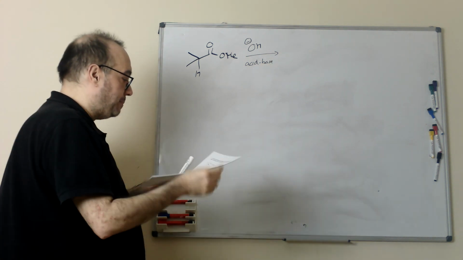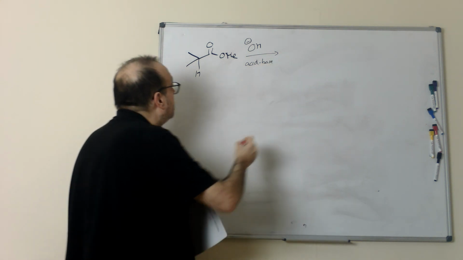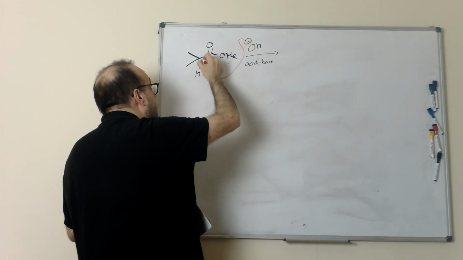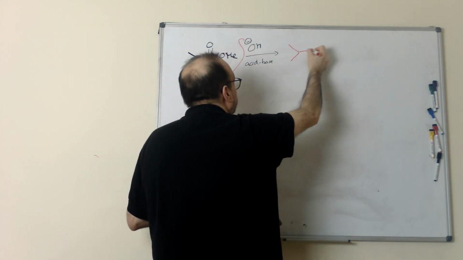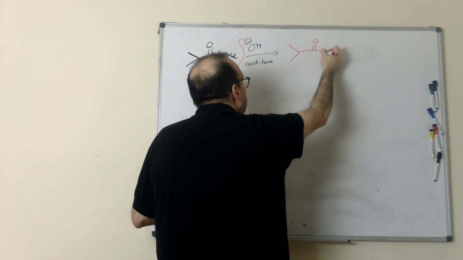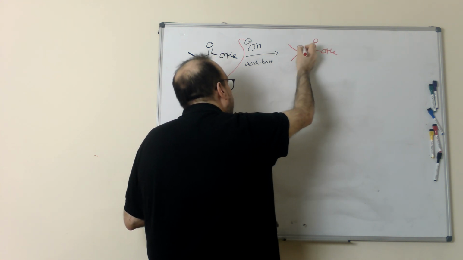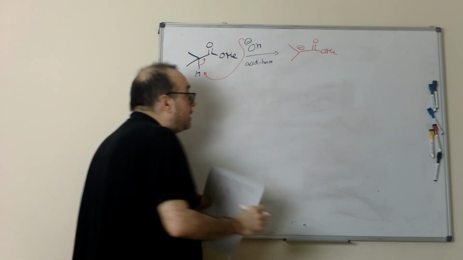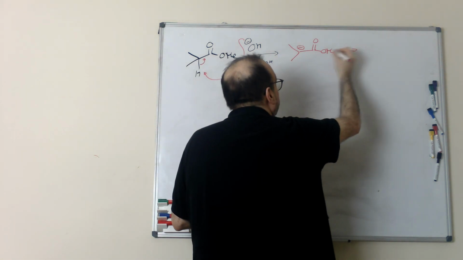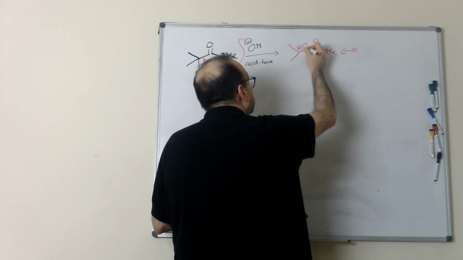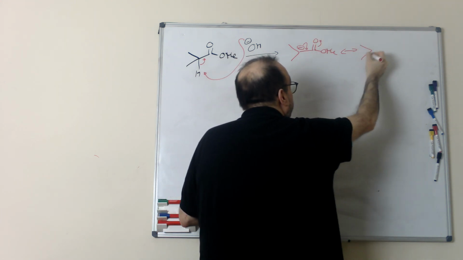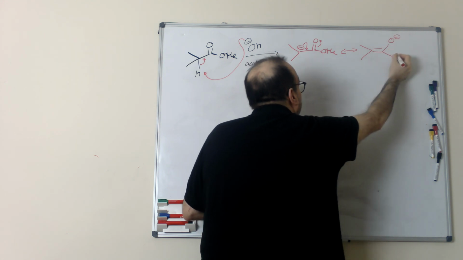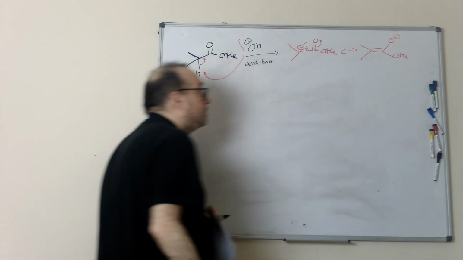That means that the base will take this hydrogen and we will form this anion. Okay, we can draw the resonance structure, which basically will be this.